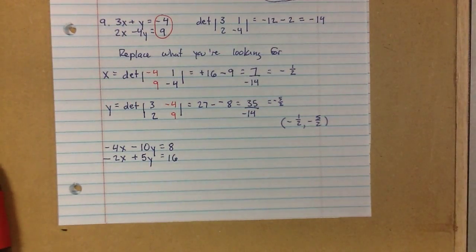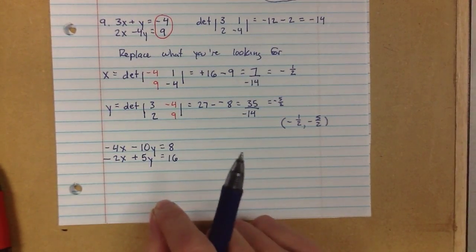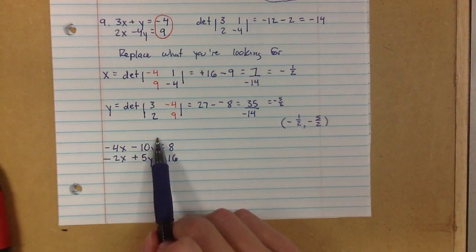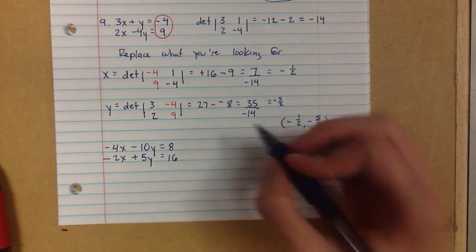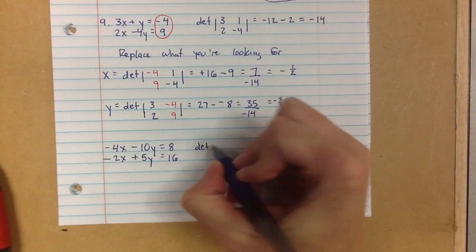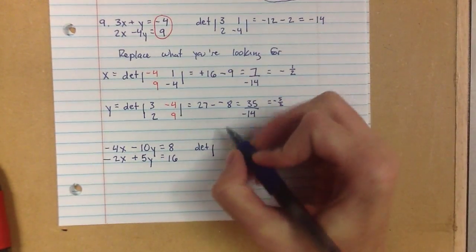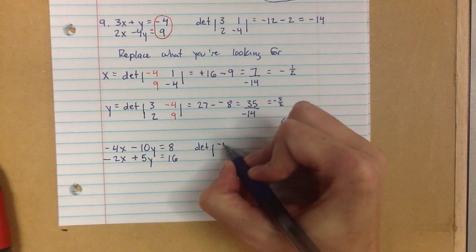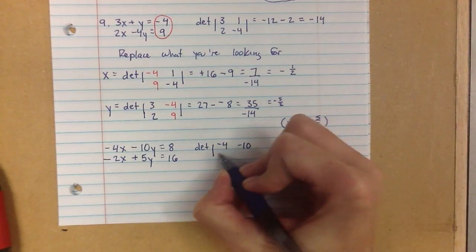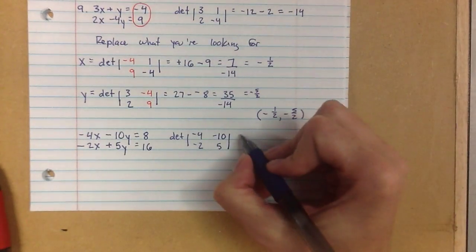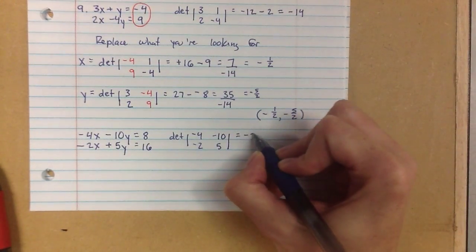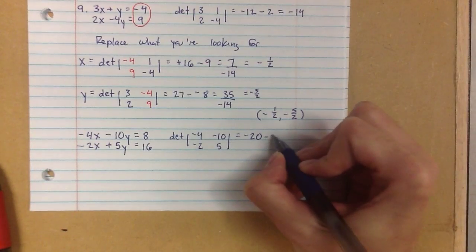Okay, we're going to try that and see if it works. So I want to find the determinant of this, the determinant of the coefficient matrix first. So I have a negative 4, negative 10, negative 2, and 5. Okay, so down first. So negative 20 minus 20.